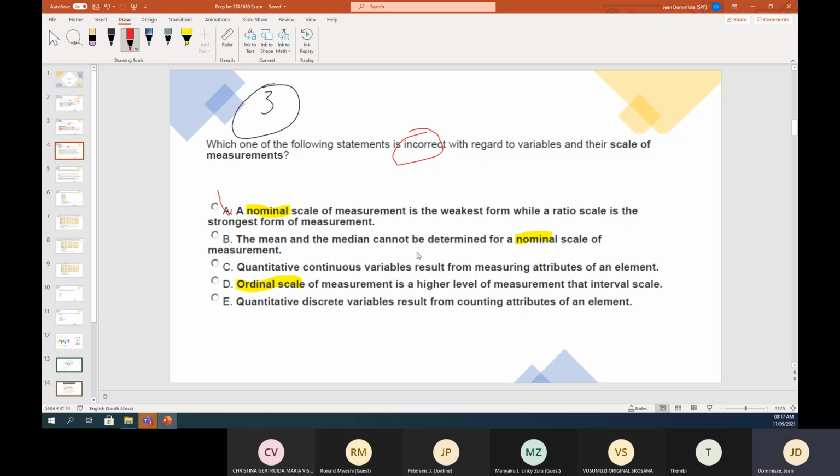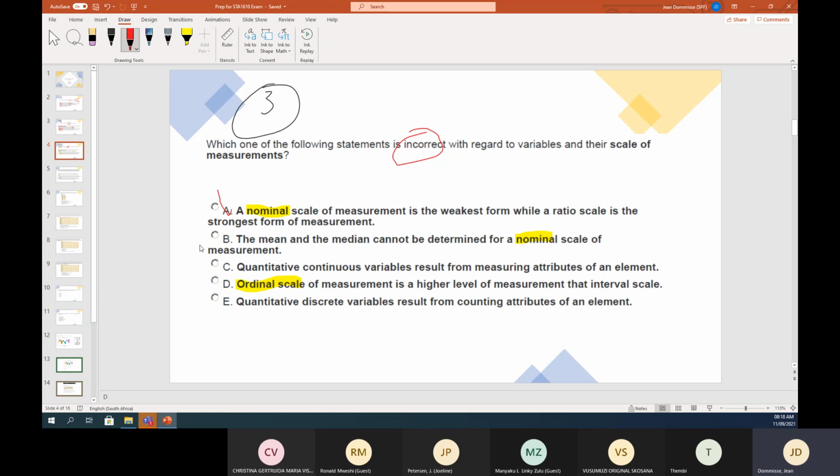The mean and the median cannot be determined for a nominal scale of measurement. If I have 1, 2, 3, 4, 5, 6, 7, 8, 9 as the provinces, I can't take that and say, well, I get the average of that, and then suddenly everybody is in Northern Cape, because that is the mean if I just added all of that and divided it.